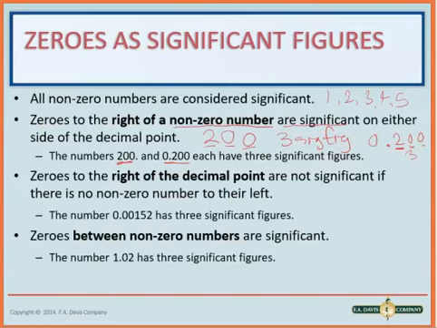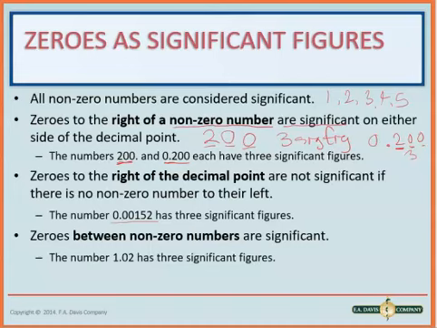The third rule is zeros to the right of the decimal point are not significant if there is no non-zero number to their left. This one can sometimes be confusing to students. So let's look at the example and note where our zeros are. We do have 2 zeros to the right of the decimal, and they are not significant if there is no non-zero number to the left. Well, there's no non-zero number to the left of those two.